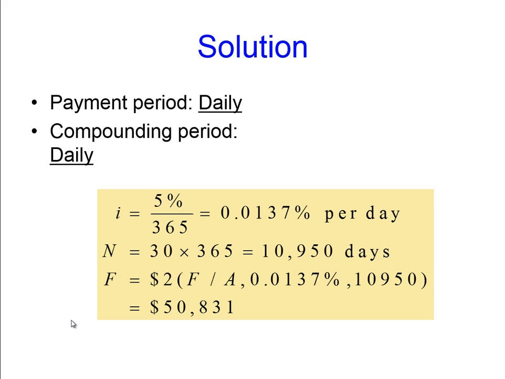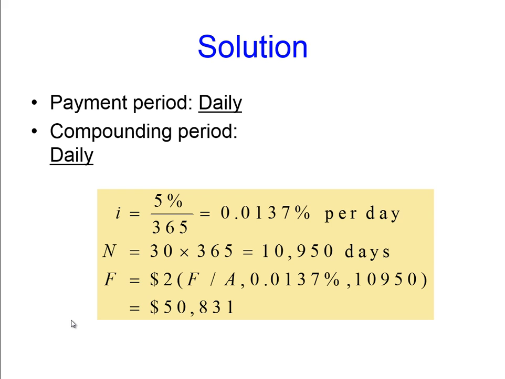dividing the 5% nominal rate by 365, you will get the effective rate per day, which is 0.0137%. And since I'm considering 30 years, then the number of periods will be 30 times 365, which is 10,950 days within these 30 years.